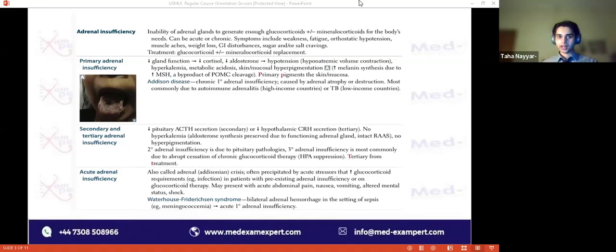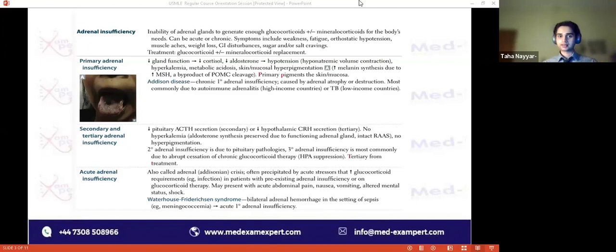Now, aldosterone regulation is different. It does not involve the hypothalamus pituitary axis, and that is a very important concept because when we are dealing with adrenal insufficiency, we have to divide it into primary adrenal insufficiency or secondary. By secondary, we mean something is wrong with either the hypothalamus or the pituitary.